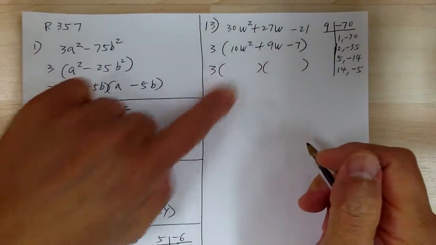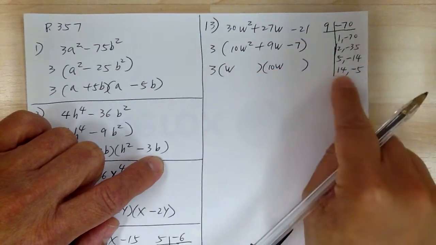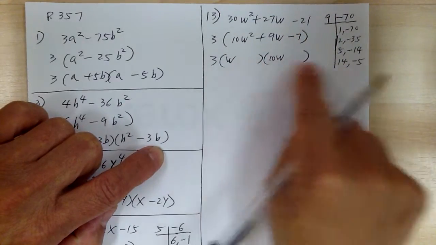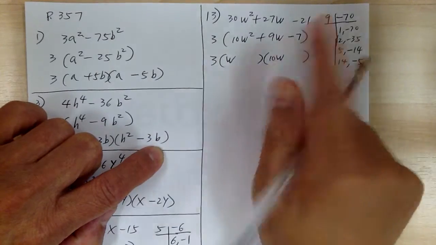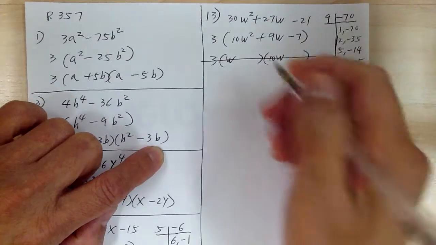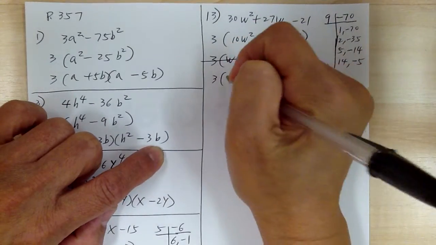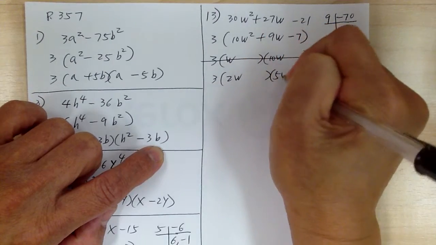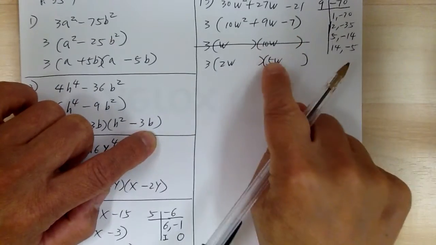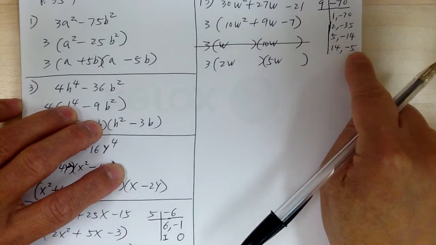Okay, now over here, you start with w and 10w, right? So 10 times something equal to 14 cannot. 10 times something equal to negative 5 cannot. So 10 cannot work, so you have to go to the next choice. So instead of using w and 10w, you can go to the next one. Okay? So 5 times blank equal to 14 cannot. 5 times blank equal to negative 5, yes.